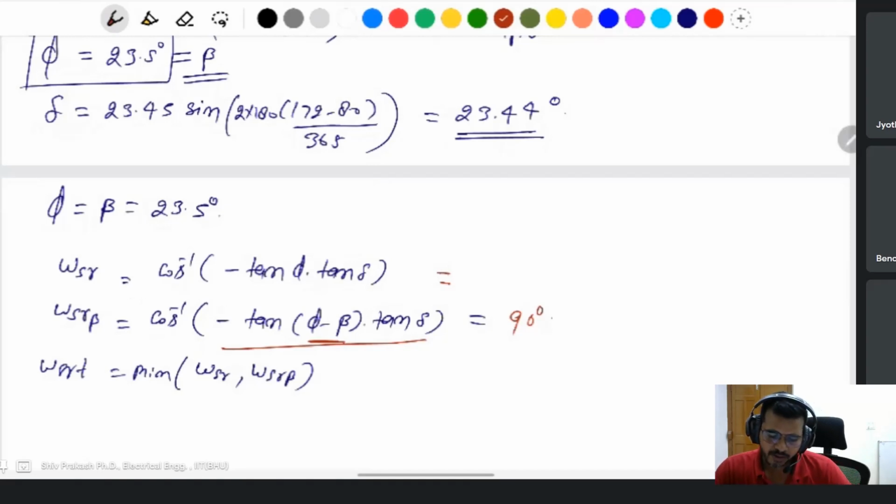And omega SR you can calculate with tan phi equal to 23.5. It will be 100.8 degree.